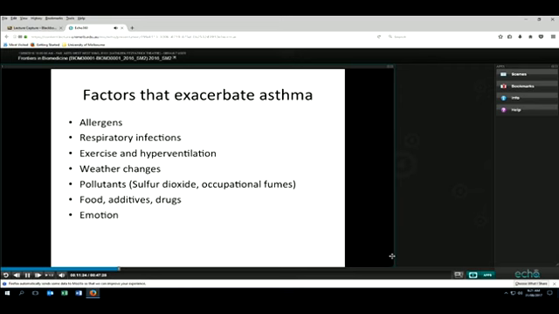There are about 10% of people with asthma who have exercise-induced asthma, and the other factors listed there are fairly uncommon, though obviously if something like pollution is a significant issue, for an individual person it might be unlikely that their asthma is related to pollution, but at a community or a population level, as the pollution gets worse, then there'll be a significant impact on a large number of people with perhaps mild asthma that will then start to manifest more significantly in a clinical sense.